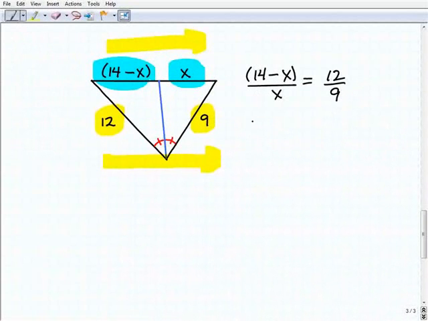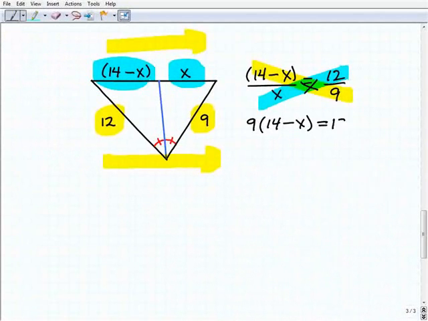So let's go ahead and solve here. Once again, cross product. This times this is going to be equal to this times this. The product of the means is going to equal the product of the extremes. So this is going to be 9 times 14 minus x is equal to 12x. If you need to get your calculator out, that's not a problem. 9 times 14, I'll get mine out here so we can work it together, is 126 minus 9x equals 12x.